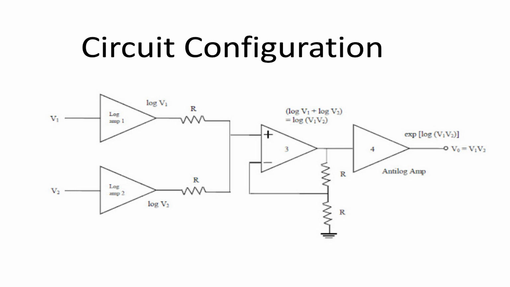The second is the voltage controlled voltage source configuration. The op amp is configured as a voltage controlled voltage source, where the output voltage Vout is proportional to the product of input voltages V1 and V2. The working steps are described here.